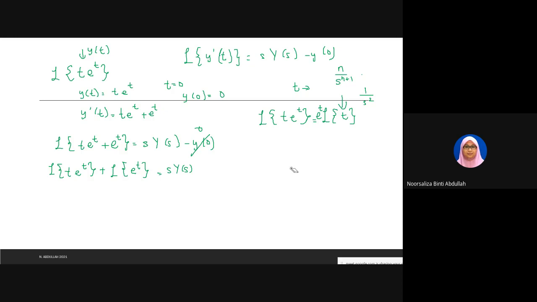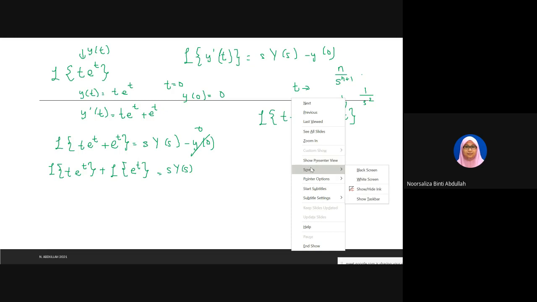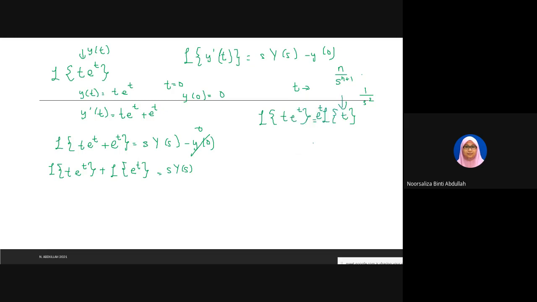Okay, bila you ada exponent, you can use the first shift theorem, yang bermaksud you dah dapat 1 over s^2, then this will be 1 over (s minus 1) squared. This one comes from exponent ni.